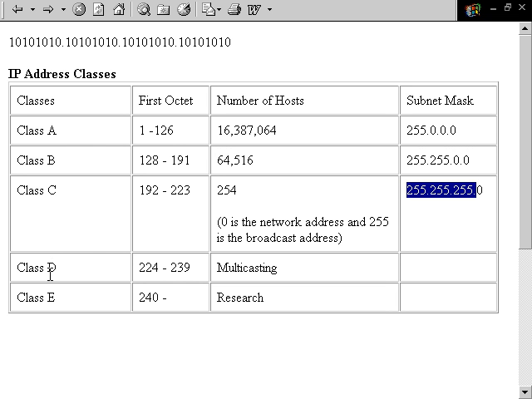There's two other IP address classes, Class D and Class E. A Class D address is a multicasting address. Up until Windows 2000, you didn't see a whole lot of multicasting incorporated into operating systems. But now they're starting to incorporate it. What this does is it allows you to take a group of people and put them together, say everybody in your accounting department.